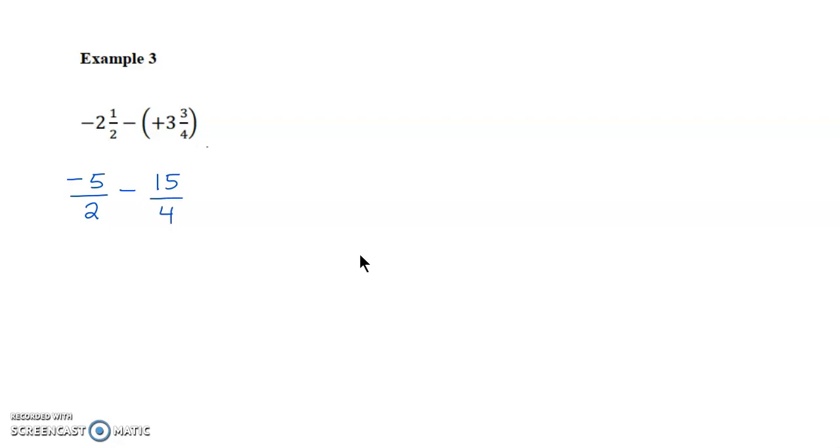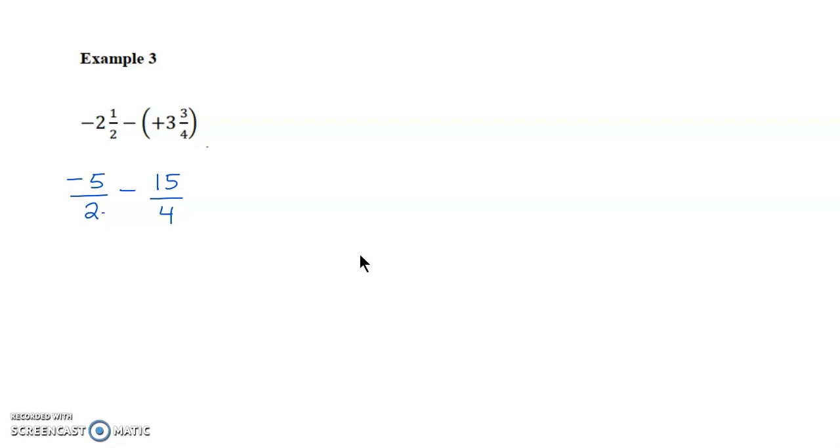Now you see that the denominators are different. It's really your choice if you want to change the fractions first and then to an improper fraction, or change to improper first and then worry about your denominators. Both methods are perfect.